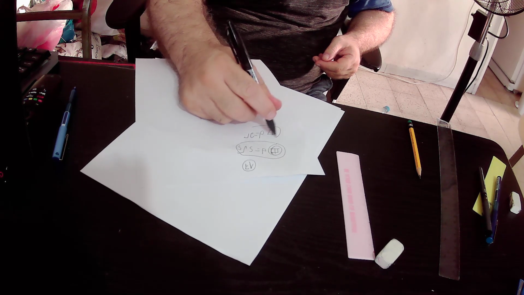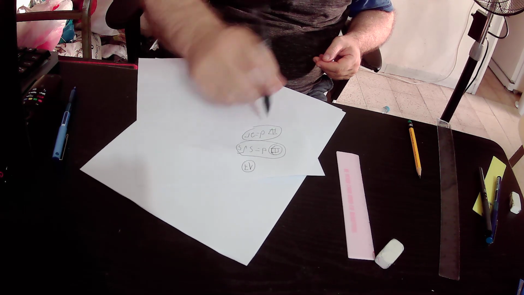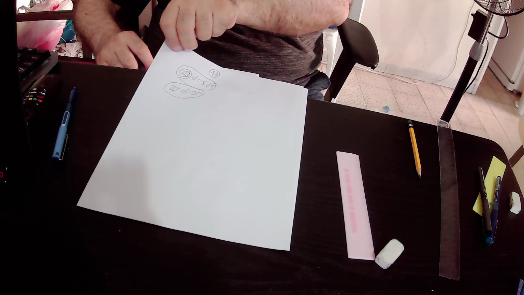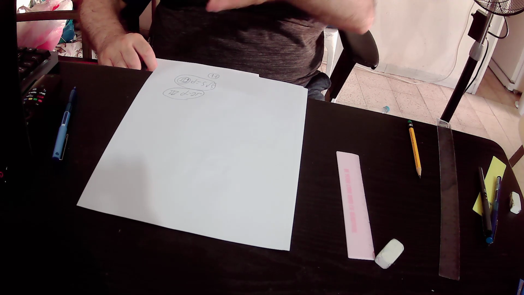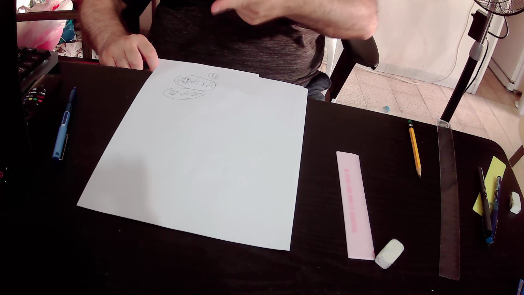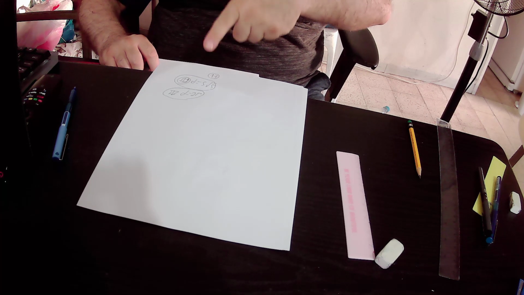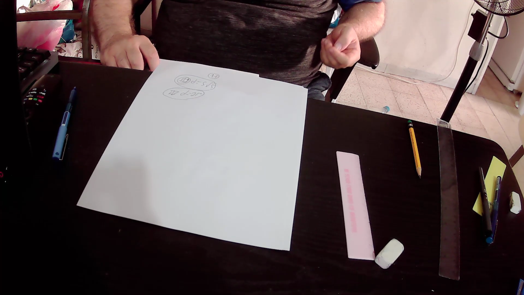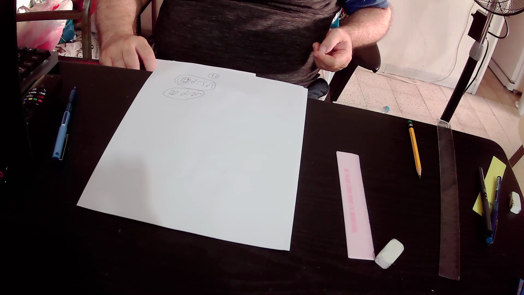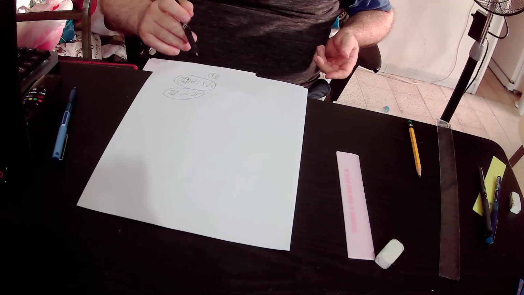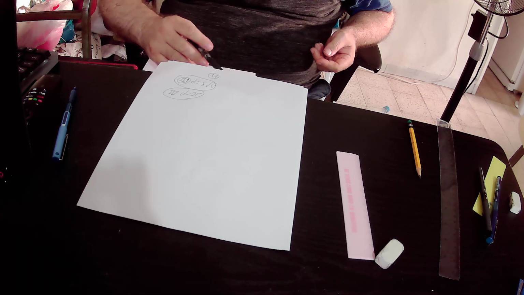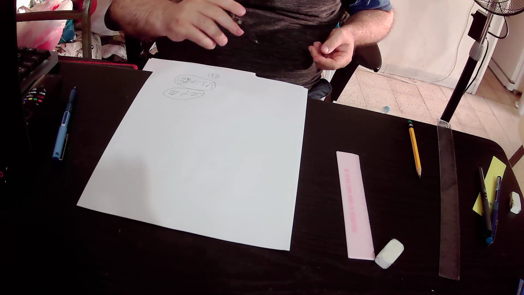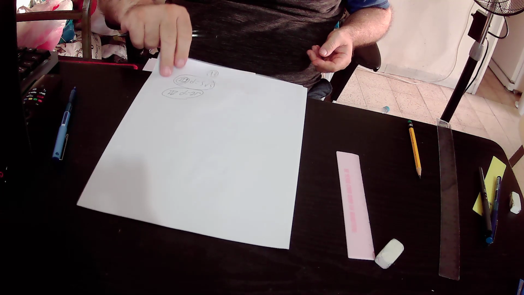D is the diameter of the circle because D equals AM, and AM is the diameter of the circle. But we know that the value of D is 5 times root 5, so we can substitute D in the fourth equation by 5 times root 5. So we'll do it now.